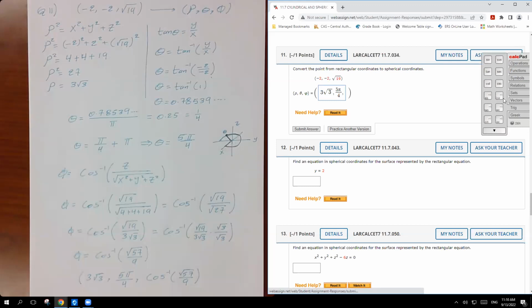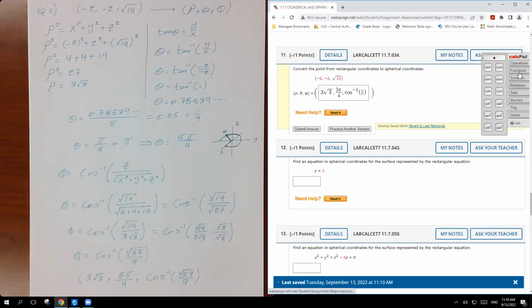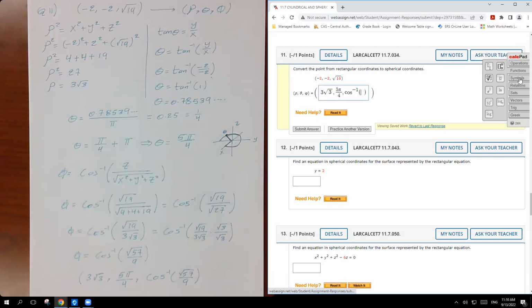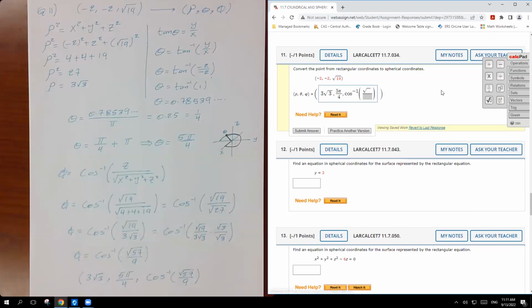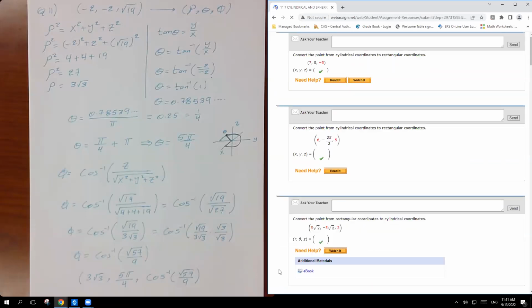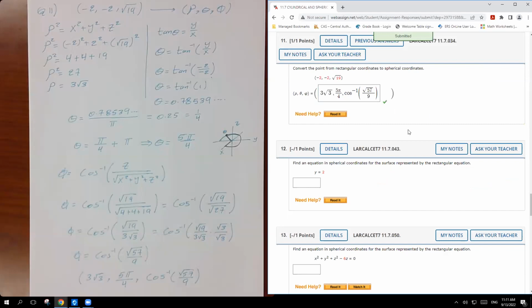Here is cosine inverse, and we have to put the fraction. Division is going to be square root of 57 over 9. Let's check this one. Wow, that's good.